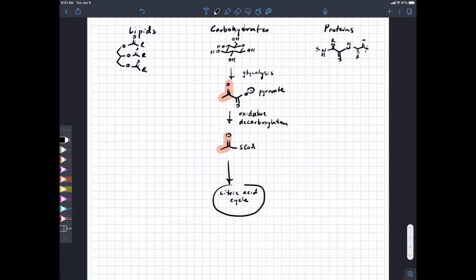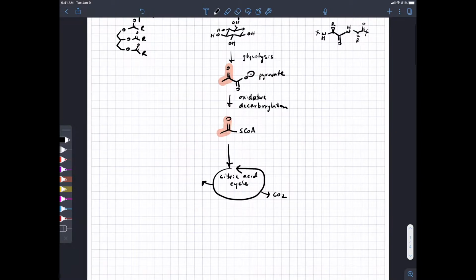The output of the citric acid cycle is CO2 and an equivalent of ATP, and also NADH and FADH2, which go to the electron transport chain and drive the proton gradient, facilitating oxidative phosphorylation, and then you get ATP, which you can use to drive all kinds of biological processes.